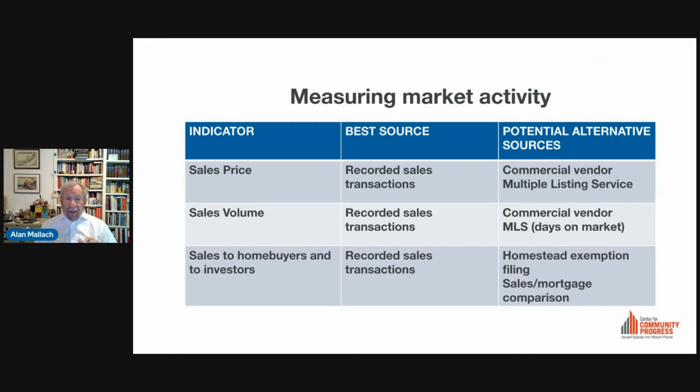Now, in some communities, the data is made available on the web. In New Jersey, the state makes the data available for the entire state, including the community, the block, the lot, the address, the buyer, the seller, et cetera, online, free and easily downloaded as an Excel spreadsheet. Most states don't do that.